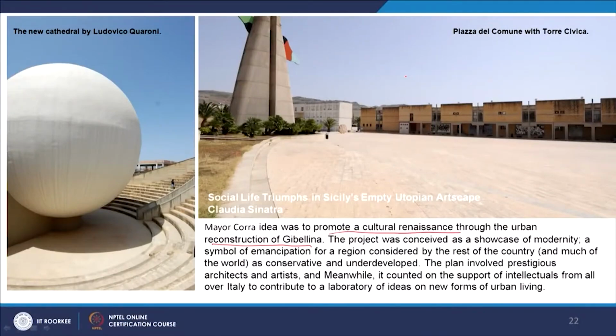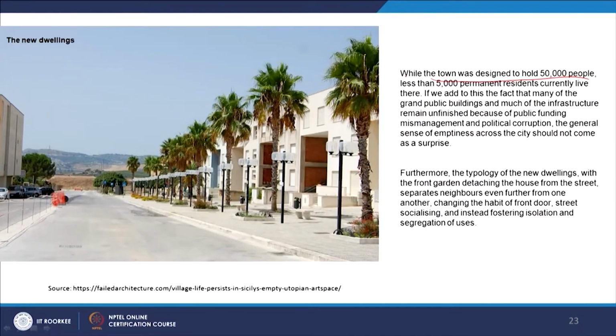So if you look at the huge squares and the monumental aspect of architecture, today what you are seeing in these pictures is that no one is present. The vastness of the project is so huge.